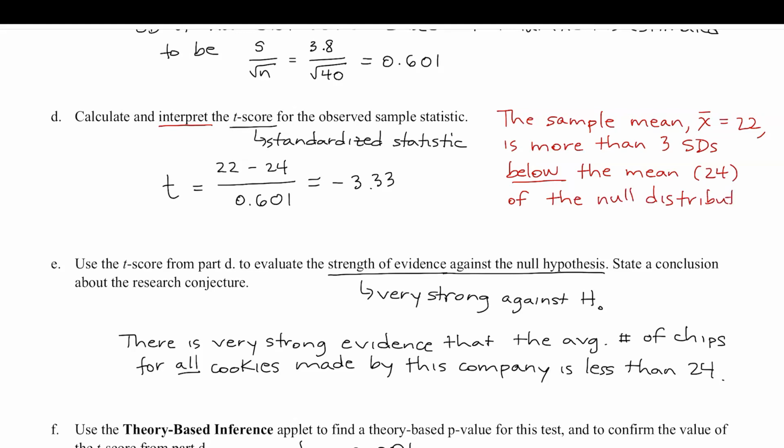So anytime we get a statistic that's more than 3 standard deviations away from the center of the null distribution, then we have very strong evidence against the null hypothesis.